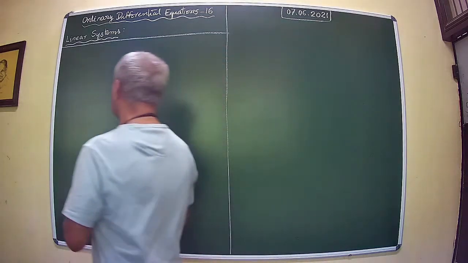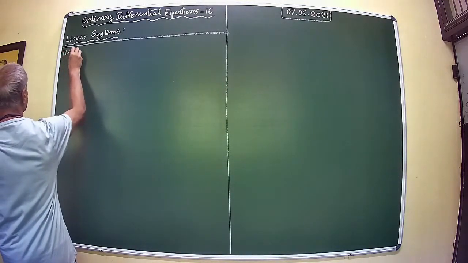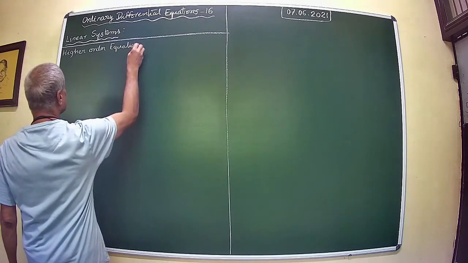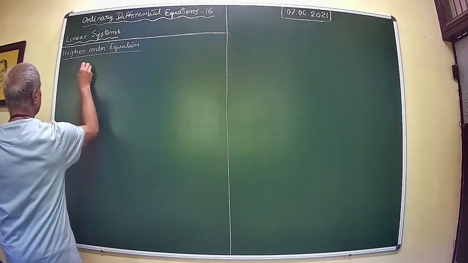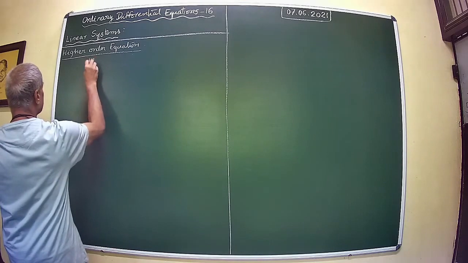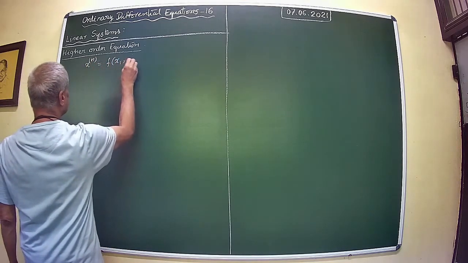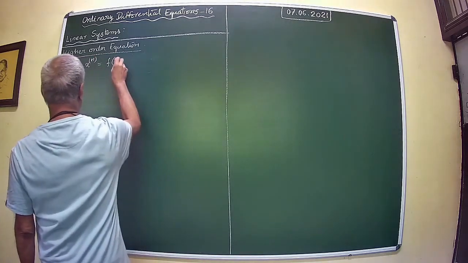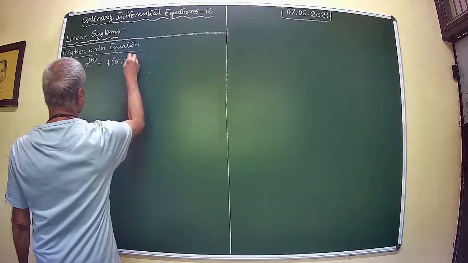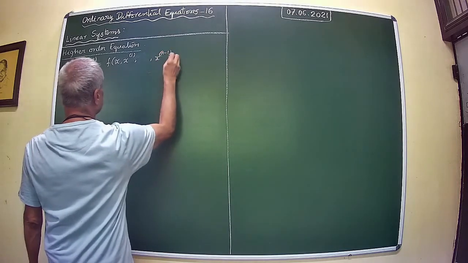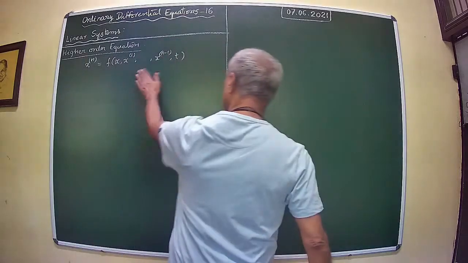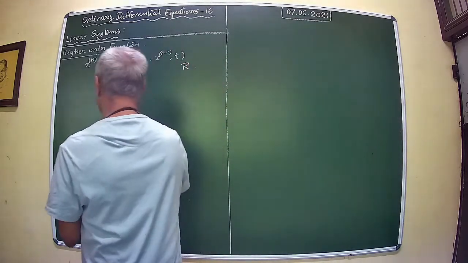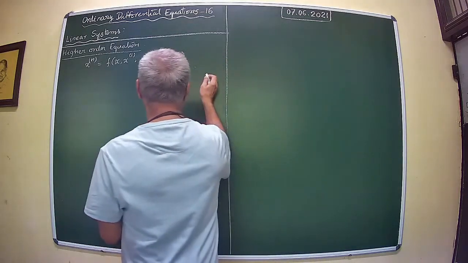Suppose you have a higher order equation, something like this: the nth derivative is given by f of x, its derivatives, and t, in some region of R to the power n plus 1 of the xt plane.